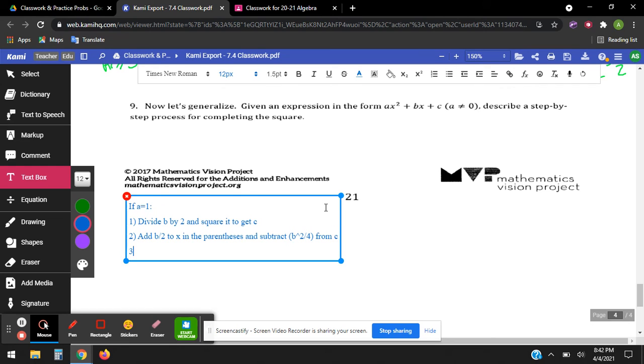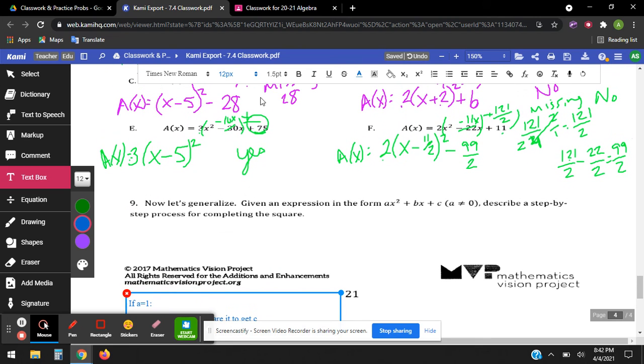Generalize. And then basically what we're doing is x minus b over 2, right? Because we did that to get our h, b over 2. And then we had to add our c, which is what we did up here, right?